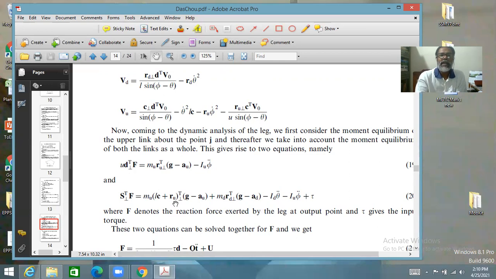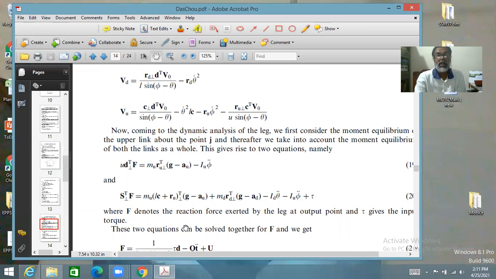And then you consider the whole thing, again moment equilibrium, both times moment equilibrium, because now in the leg both the joints are revolute. So now the complete leg moment equilibrium about the base point, and from that you get a force in another direction.